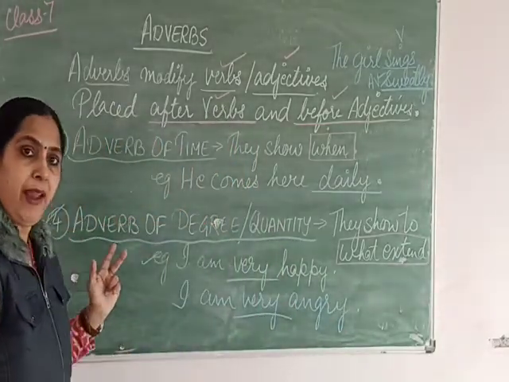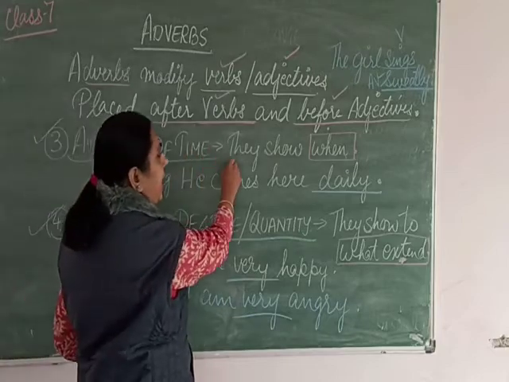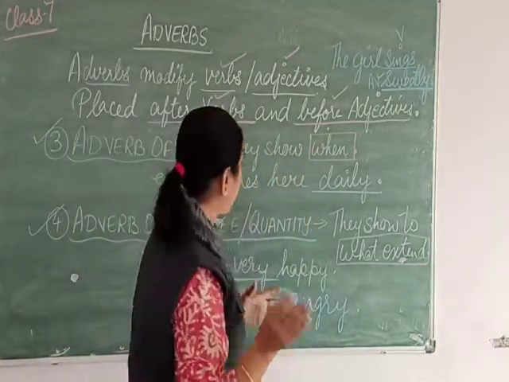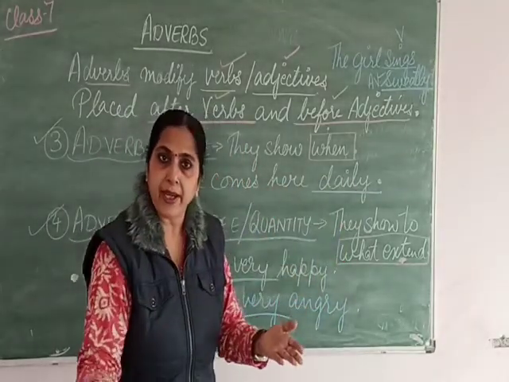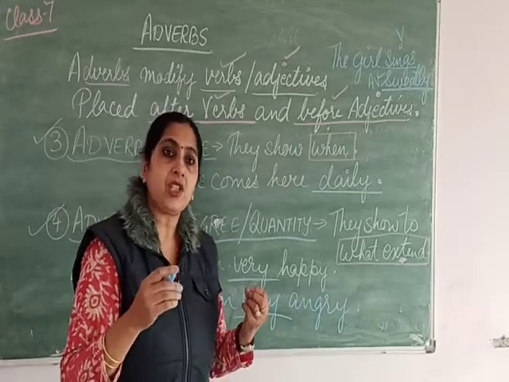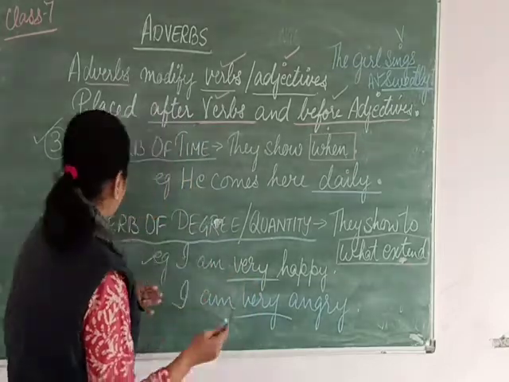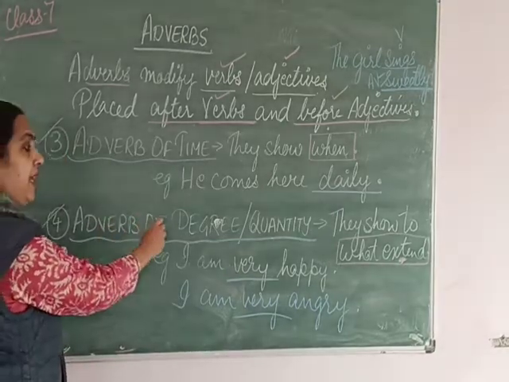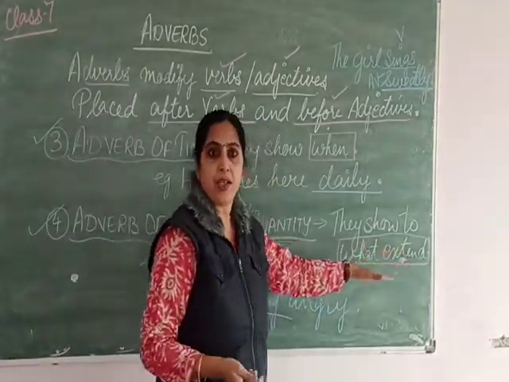So again, two we have discussed here. One is adverb of time. They show when an action is done. It indicates time. He comes here daily. I go to school every day. My mother teaches me good manners every day. So this is adverb of time. Then adverb of degree or quantity shows to what extent an action is done.